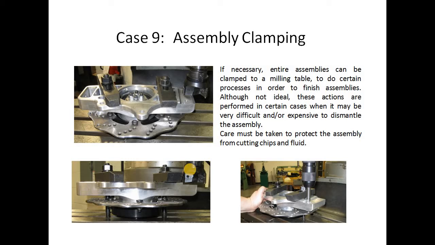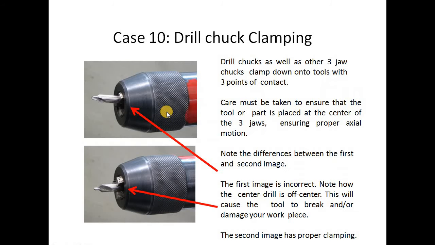These actions are performed in certain cases when it may be very difficult and expensive to dismantle the assembly. Care must be taken to protect the assembly from cutting chips and flutes. In such cases, you must carefully fix the assembly like this using different work holding devices.